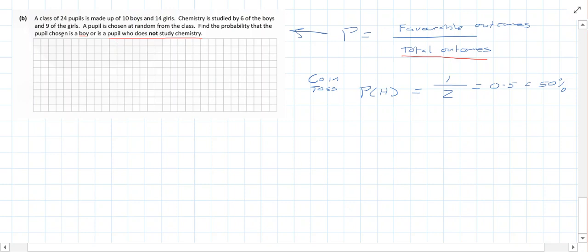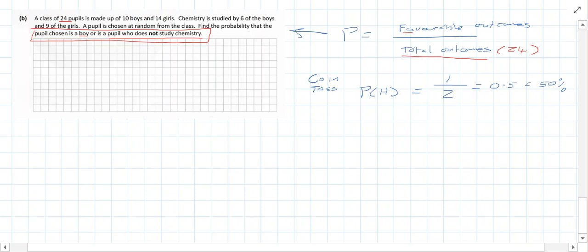So in this question, the total number of outcomes is 24 because we have 24 pupils. Now we have to figure out the favorable outcomes. The favorable outcomes have to meet this criteria here. So we have to figure out what that number is. It's going to be everybody except the girls that study chemistry.